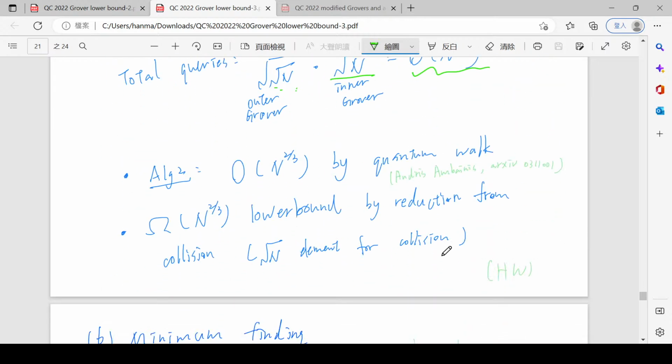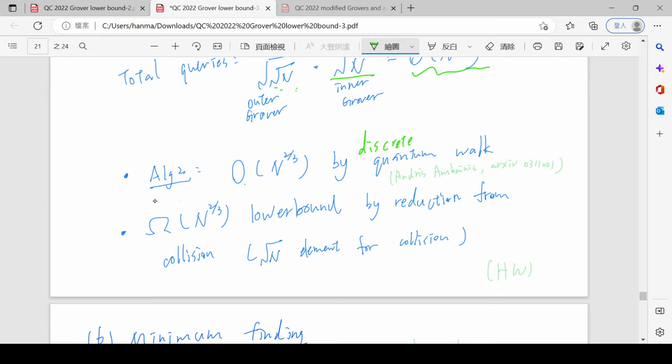And algorithm 2. This is the optimal algorithm. You actually take n to the 2/3 queries. And once again, it's about quantum walk, but it's actually a little different quantum walk.